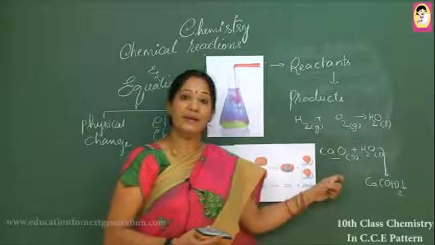Here we see that on the reactant side the number of hydrogen atoms is 2 and towards the product side is 2. That means hydrogens are balanced. Now with respect to oxygen, 2 oxygen atoms are present on the reactant side, but 1 oxygen atom is present on the product side. That means the equation is not balanced.